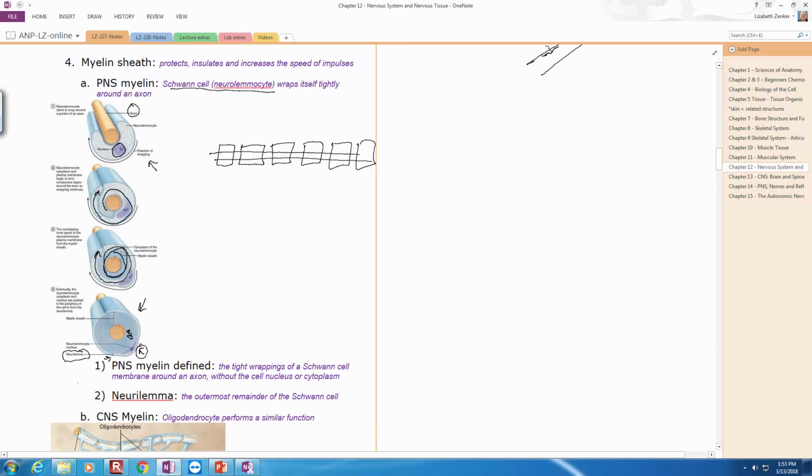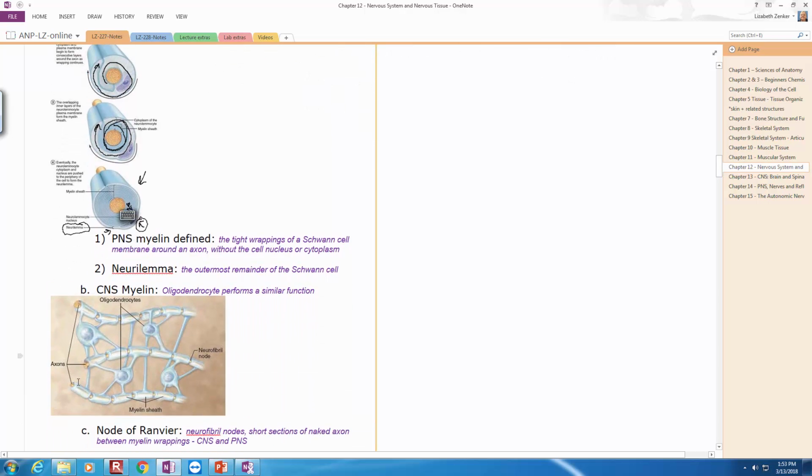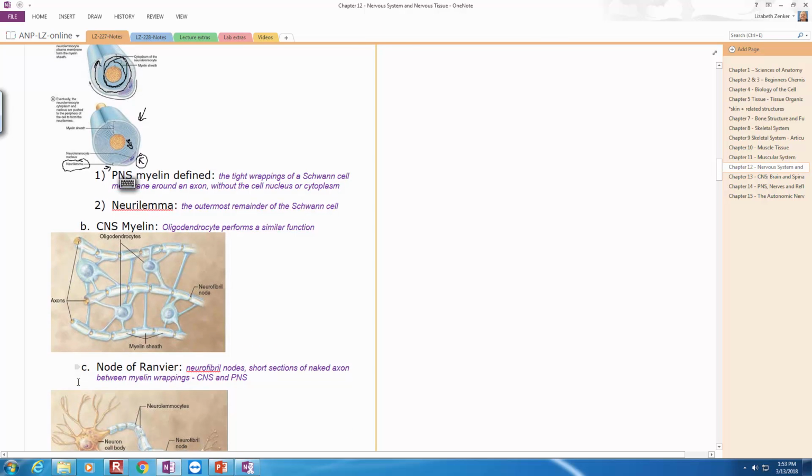Now let's look at the CNS one. The CNS, I told you, has the oligodendrocyte, which performs a similar function, but think oligo, think like octopus, right? Multiple projections sticking off. So this is one oligodendrocyte with one projection that wrapped around and formed a myelin sheath on that part of a nerve. It has a second one, not touching this one, that wrapped around there.